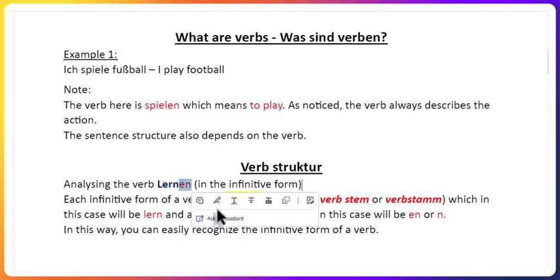Then you come back to the rules, the conjugation table, with ich, du, er, wir, ihr, and then the pronoun sie.